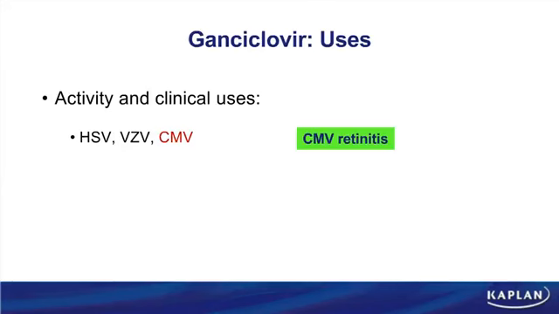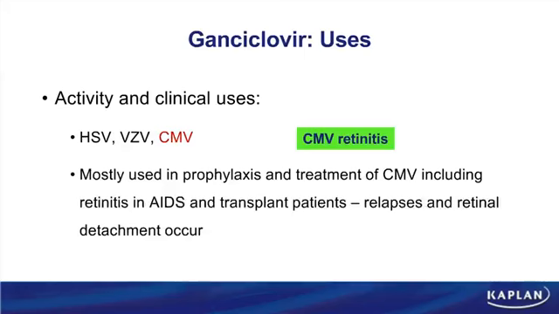In fact, CMV is one of the last opportunistic infections to show up as you're becoming immunosuppressed. Your CD4 count has to be down around 50. So remember, CMV and MAC are the last two of the opportunistic infections to show up. So we can use ganciclovir as prophylaxis and treatment of CMV, including retinitis and AIDS, and also in transplant patients.